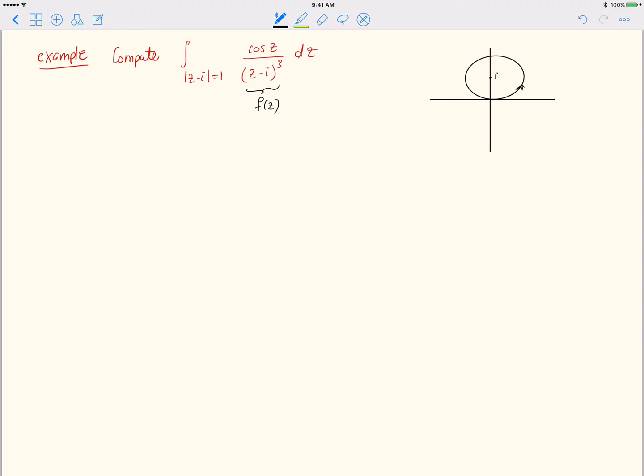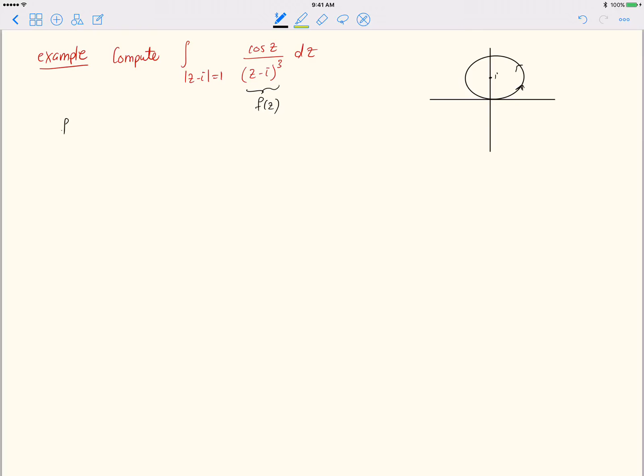Alright, now where is my function? Where are my singularities? My singularities are when the denominator is 0, so that's precisely when z equals i. And in fact, it's easy to see that z equals i is going to be a triple pole.